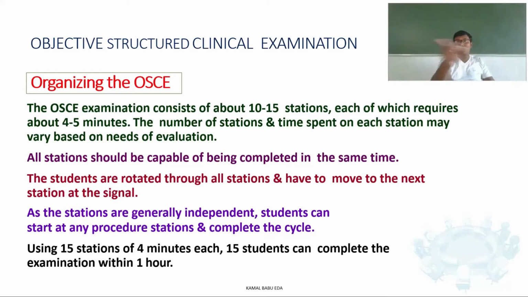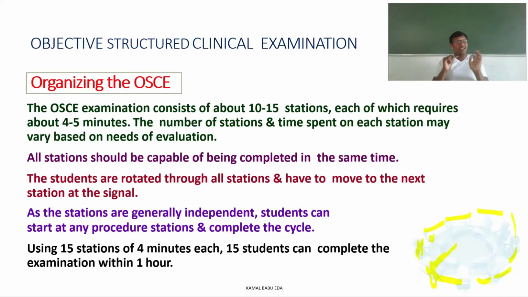For example, if the first person is starting at the first station, he has to come to the second station, and the second person will come to the first. The examiner will observe him here, then he will come here, and this person will come here. So it is like a rotatory manner, and the students are kept rotating.